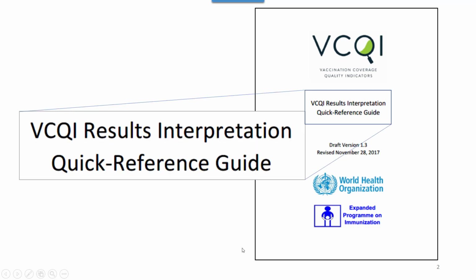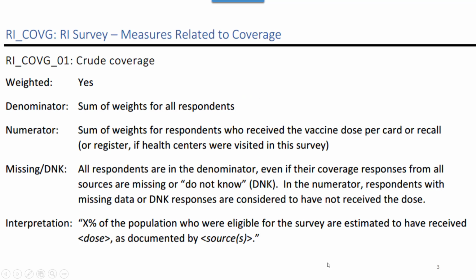So this is the Results Interpretation Quick Reference Guide, and it's filled with sections like this. For each indicator that you might calculate, it lays out briefly a few things that are helpful. It reminds you whether the indicator is weighted or not. This section is from the very first indicator, crude coverage. Is there any evidence that this child was vaccinated or not?